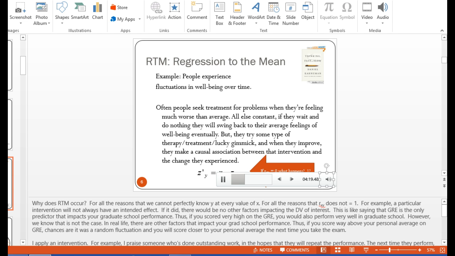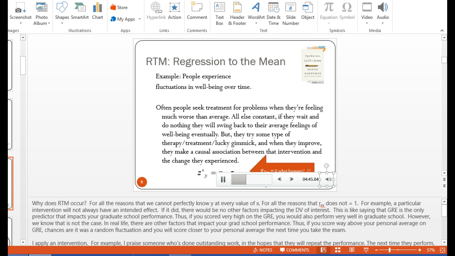So motivation doesn't matter. There are no random fluctuations in your performance. It's all this test. So in that case, if you scored way above your personal average on the GRE, then you would score really high on your GPA as well. You would perform very well in graduate school.